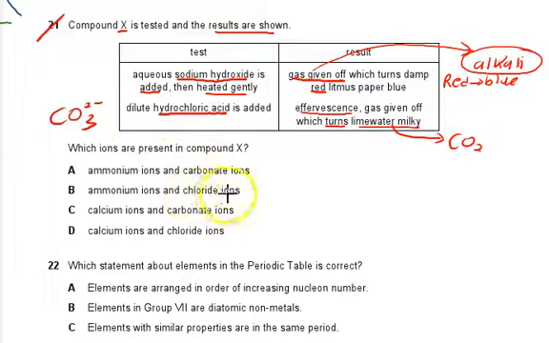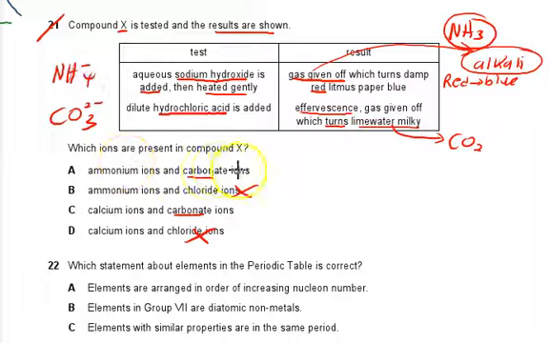There is no chloride, and we have here carbonates and ammonia. Ammonia has alkali characteristics. So here should be ammonium ion with the carbonate ion. So your answer is A here.